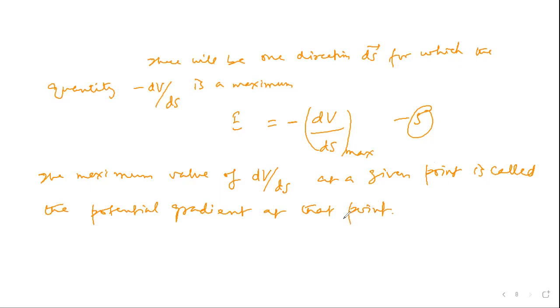Potential gradient at that point. Now the direction ds for which dV by ds has a maximum value is always at right angles to the equipotential surface, corresponding to the direction of electric field, right?